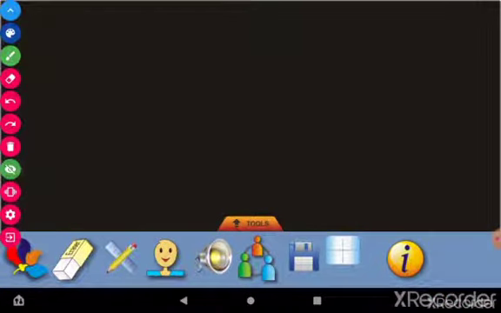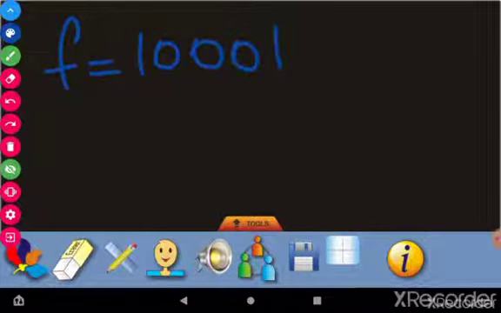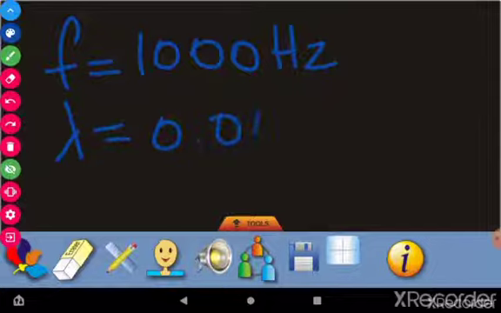We have its frequency, which is equal to 1000 Hertz, and we have its wavelength, which is 0.04 meters, and we are finding its speed.